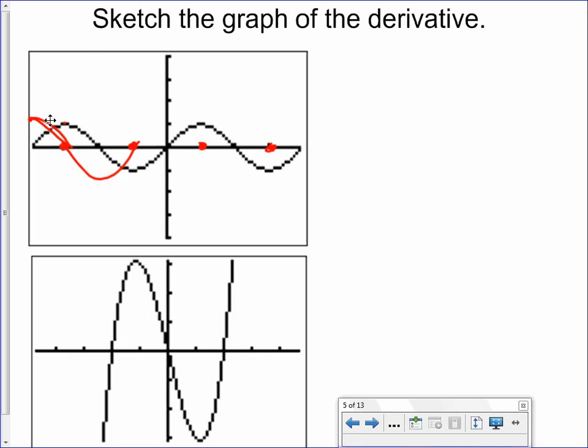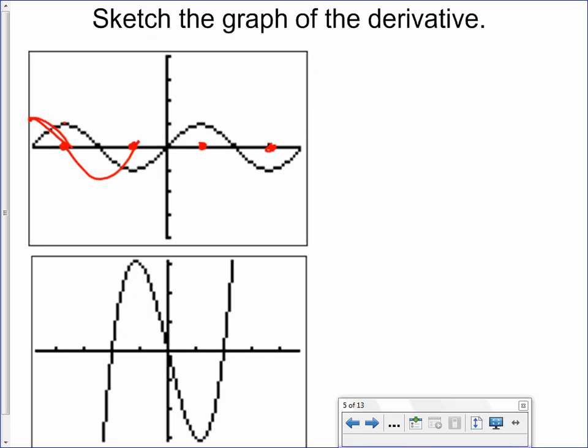And then we look at the next interval. Between these next zeros here, do I expect the graph of my derivative to be above the x-axis or below? Above, because the slopes are positive. And again, we know it's 0 here at this min, and as we move left to right, they increase to what looks like about 1 again, and come back down to 0.